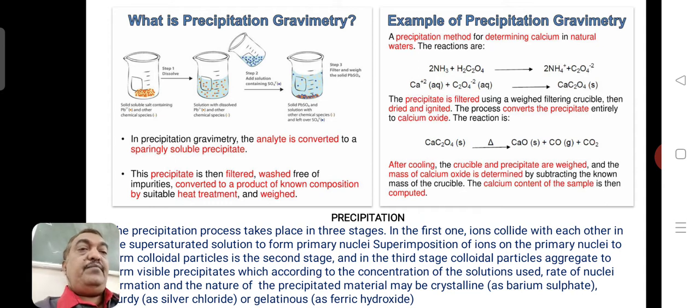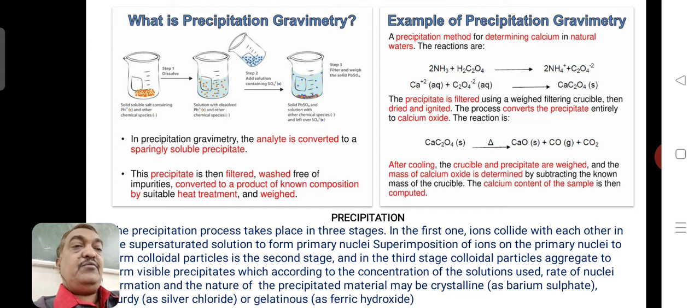Another best example you can see here: ammonium oxalate solution containing NH4+ and oxalate anion is added to calcium ions present in water. So the calcium Ca2+ ion will react with oxalate to form calcium oxalate as a solid precipitate. Whatever calcium ions are there will be converted into calcium oxalate.